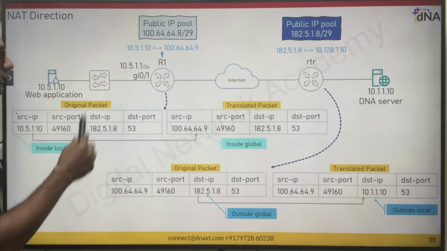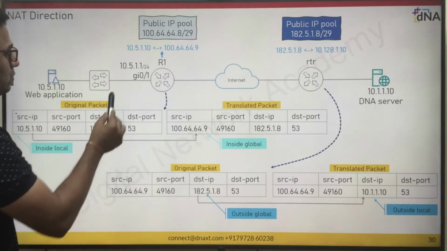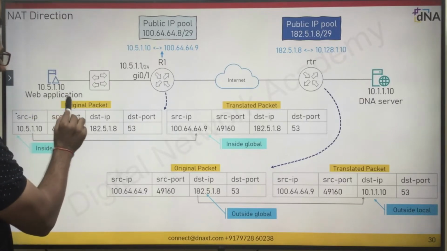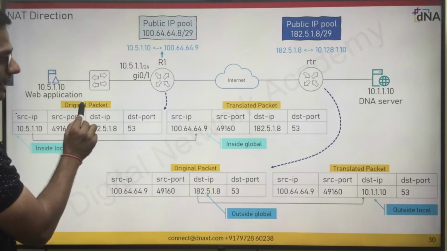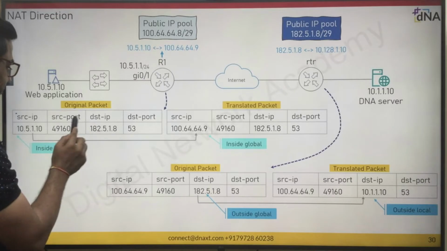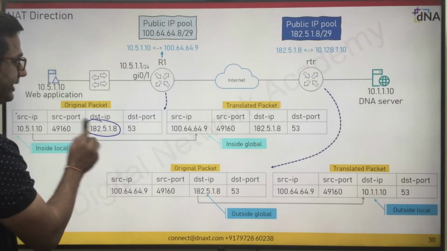Now in this topology, guys, I have a router 1, right? Router 1, this PC, this web application server are trying to access the DNS server, having the destination IP address 182.5.1.8.